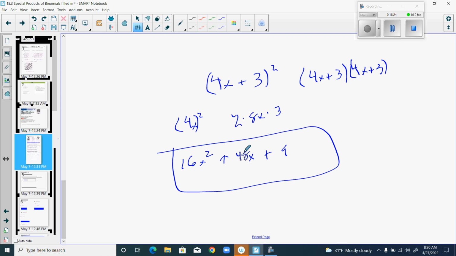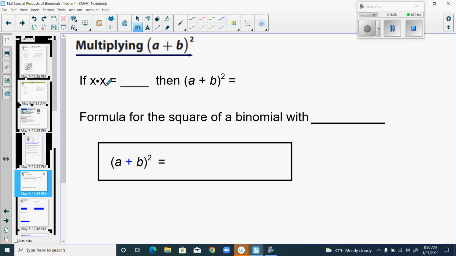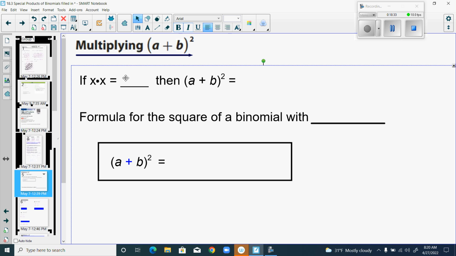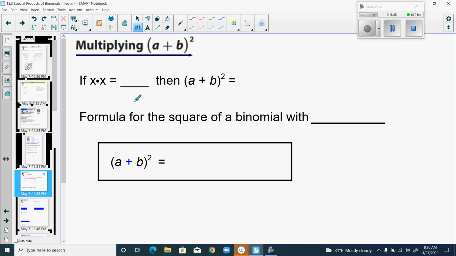So in general, x times x is equal to x squared, right? Then a plus b squared is equal to a plus b times a plus b, right? This is the formula for the square of a binomial with addition. I have a binomial that's being squared here, and there's addition on the inside.